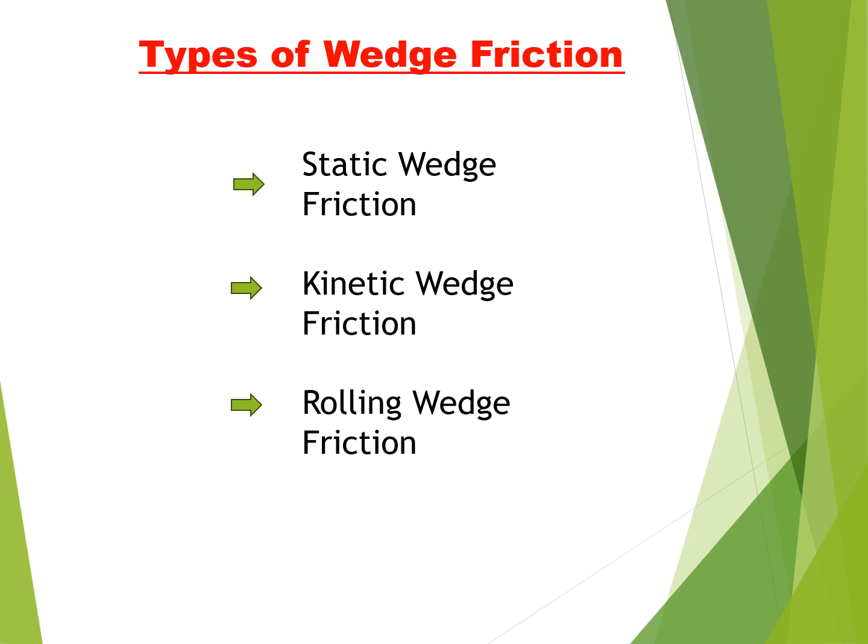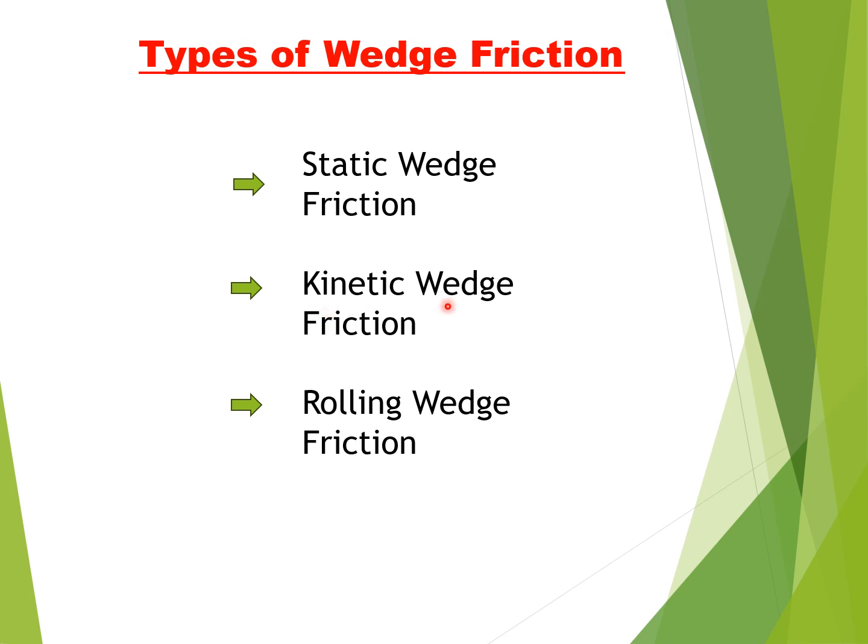Frictional force equals the applied force up to the maximum limit, that is F max equal to mu into N, where N is the normal force. It is important in applications where stability is required, such as wedges used for holding objects in place.